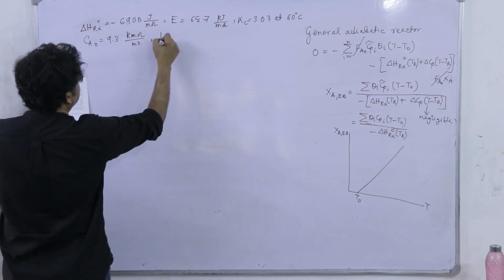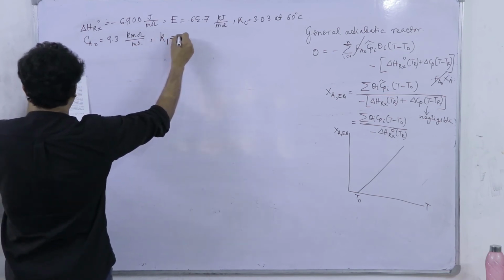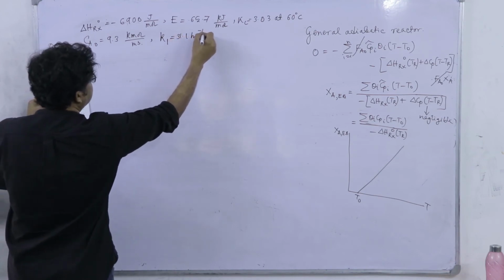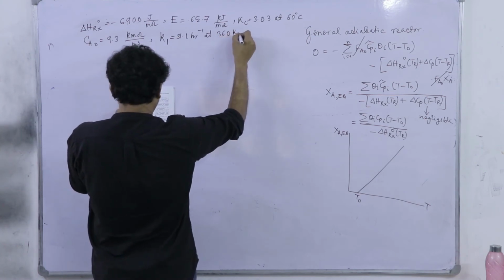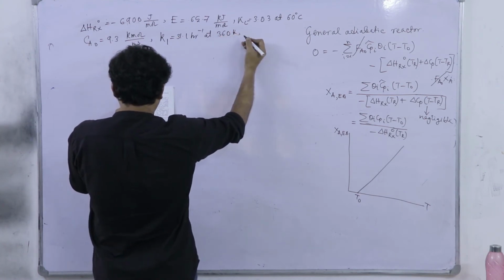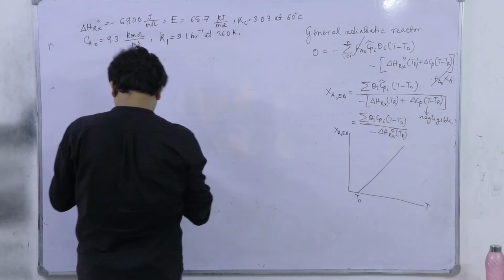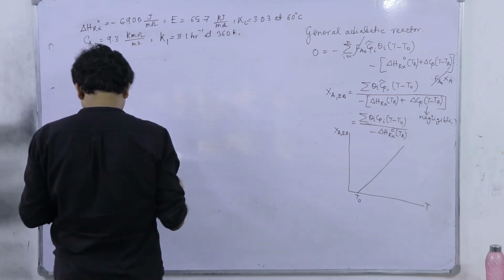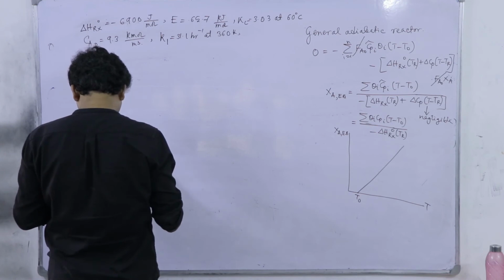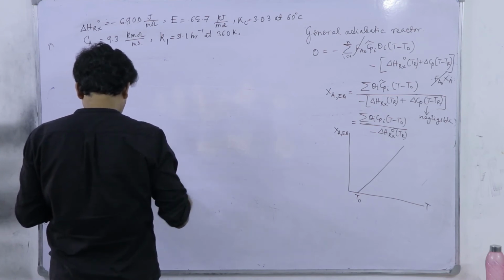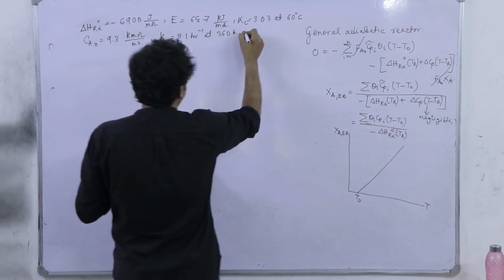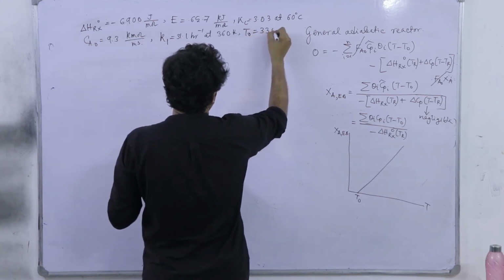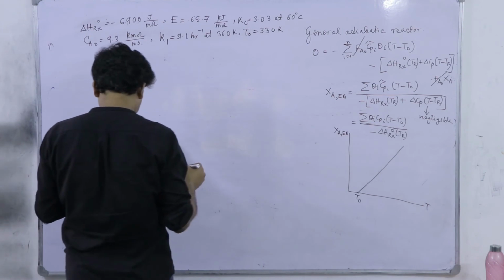Right. So the rate constant k_1, 31.1 per hour at 360 Kelvin, is given. And T_0 is 330 Kelvin, the initial inlet temperature.